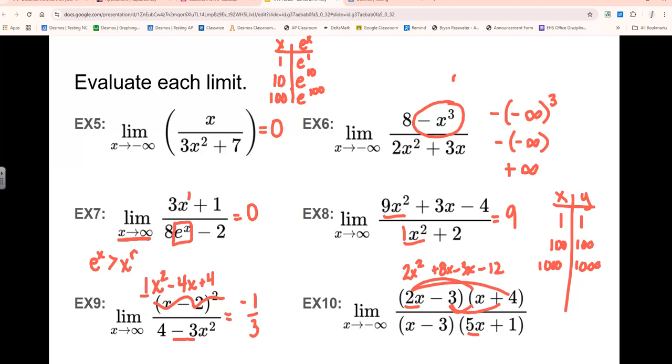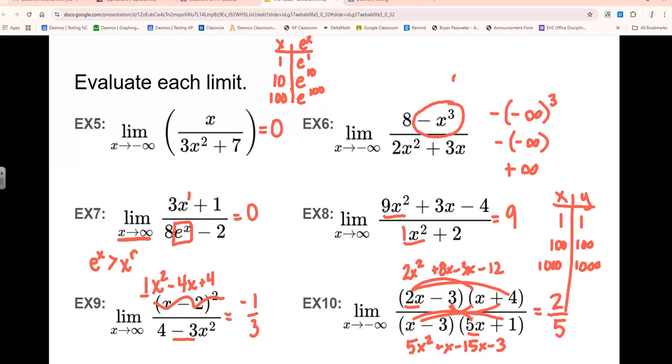But do the 8x, 3x, or negative 12 matter? It's not the highest exponent, so it doesn't matter as x approaches infinity. And on the bottom, you would get 5x squared, and then technically you're getting plus x minus 15x minus 3, like that. That stuff doesn't really matter, so if you're doing this in your head, it's fine, and you would get 2/5 for this. So most of these you don't have to show work for, you're just thinking through them using that shortcut.